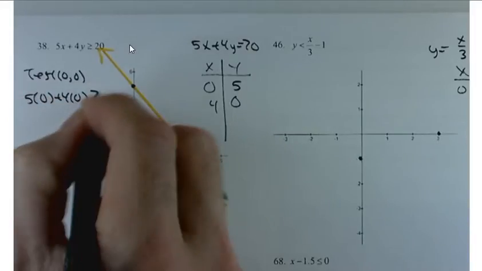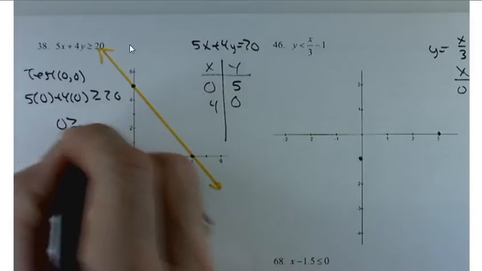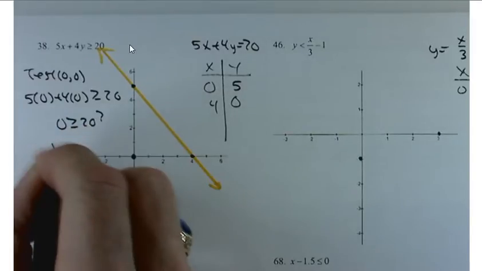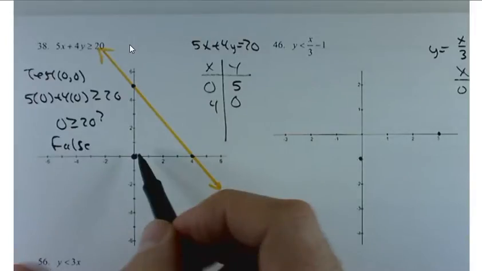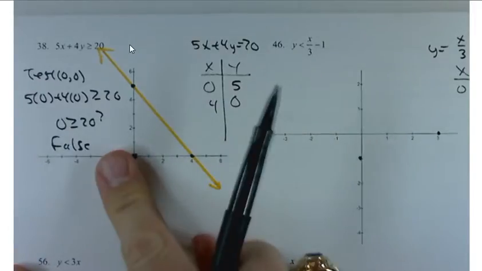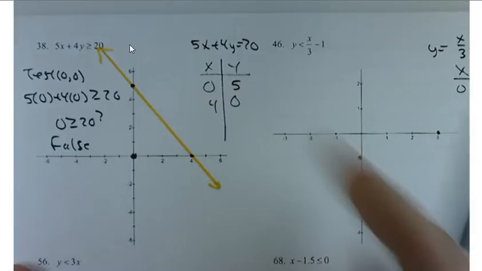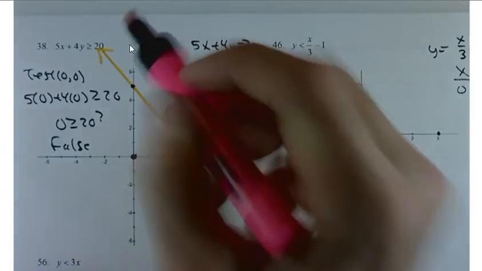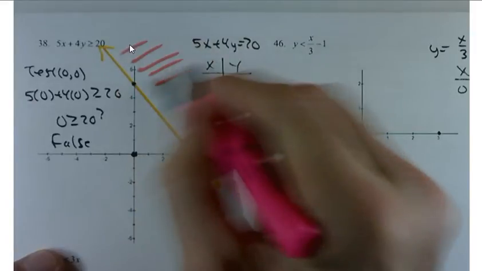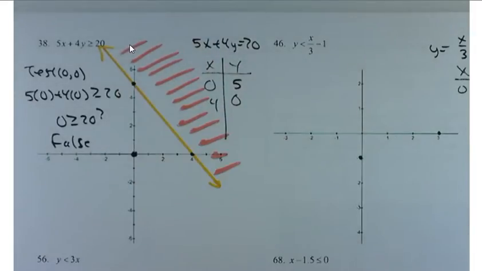Is that greater than or equal to 20? That's false. So what side of the line should I be shading? This side or above? The above side. Good. The other side from the origin. So up here like that. And that's it.